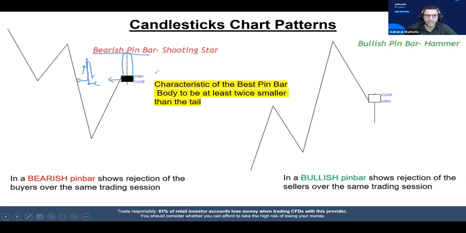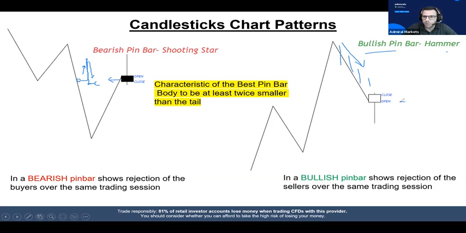All right, and the same applies with the hammer or bullish pin bar. The market opens here. See this, it's a downtrend here. It's a retracement. We are in an uptrend. Yes, higher highs, higher lows. And we have this retracement. So the candlesticks, or the bar charts, are moving down.